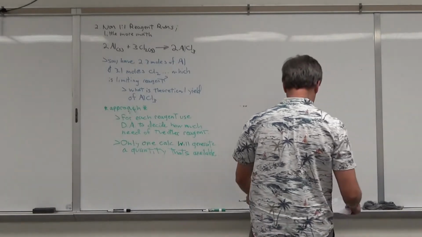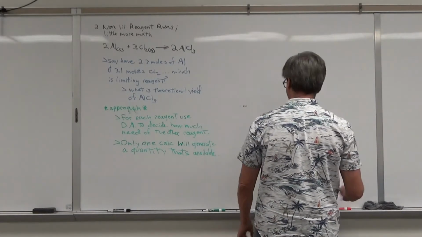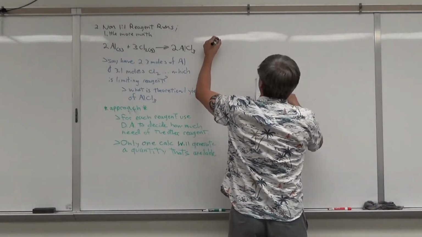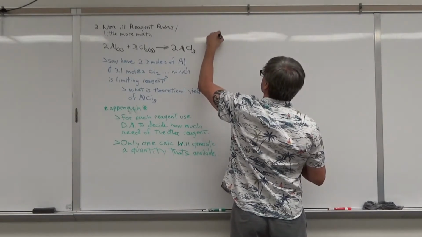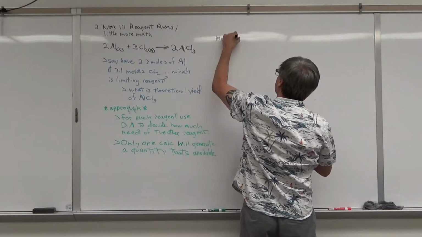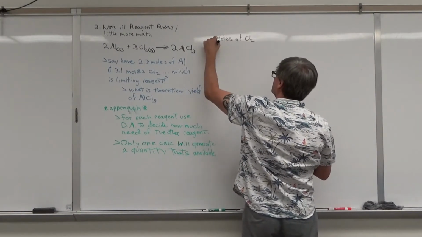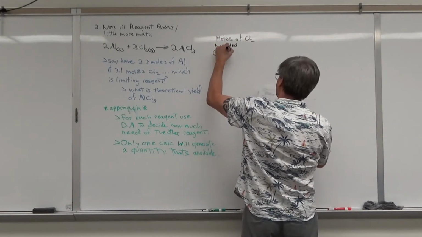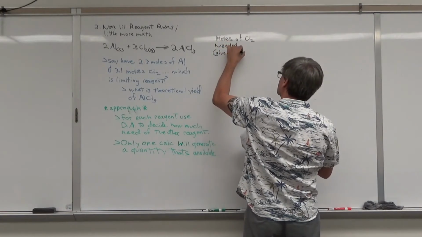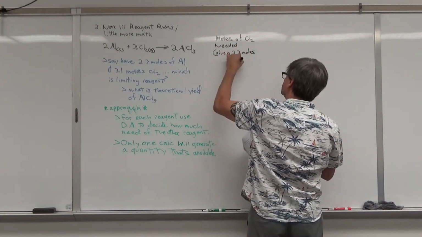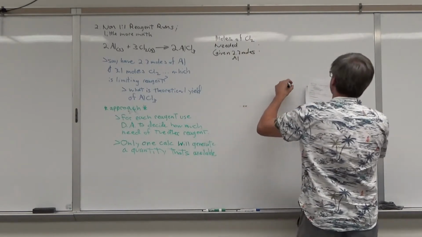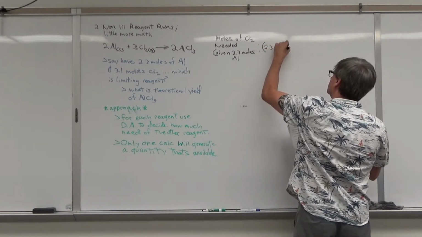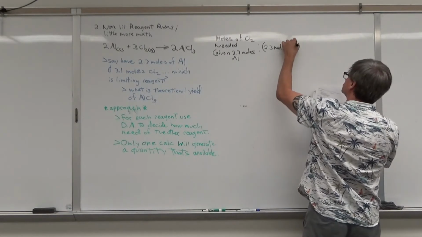Alright, so start our title here: moles of chlorine needed, given 2.3 moles of aluminum. 2.3 moles of aluminum.